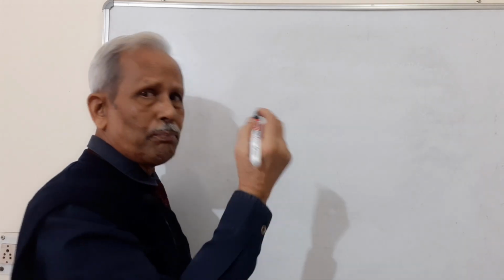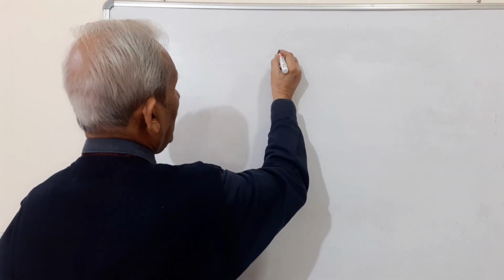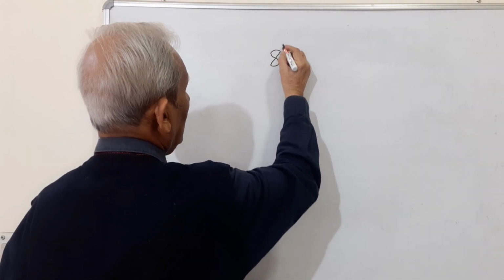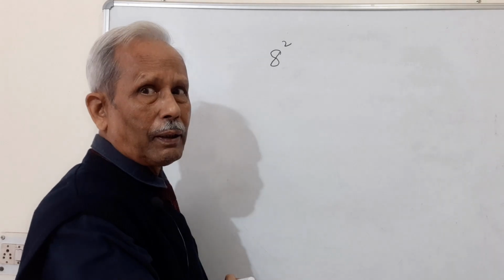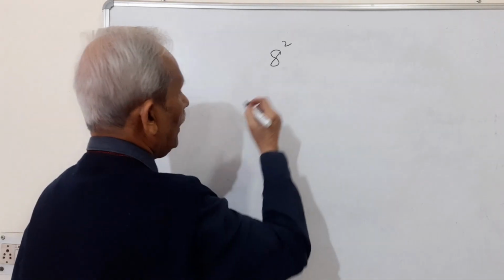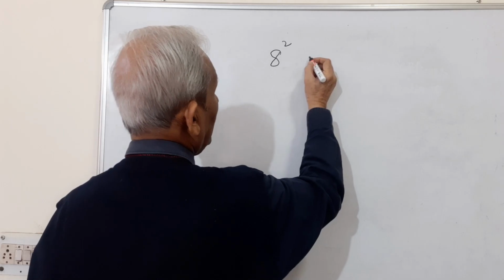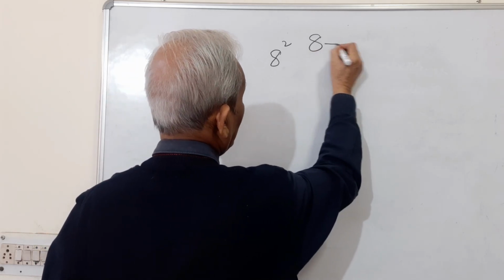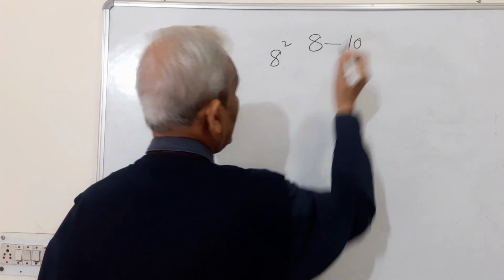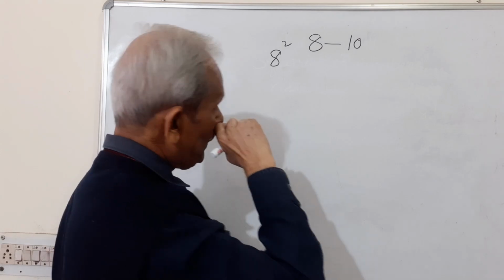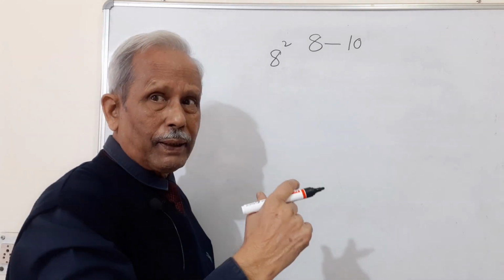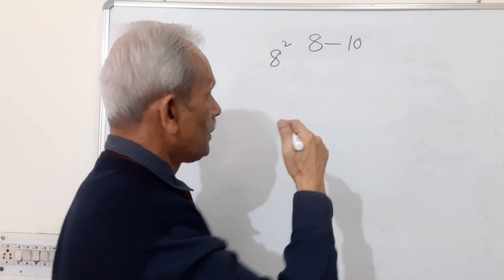For example, simply let us take the number 8. Although it's not 2 digits, let us try to understand from here. 8 square. Now in the case of 8, the base is 10. So first you have to find out the difference of this number from its base.